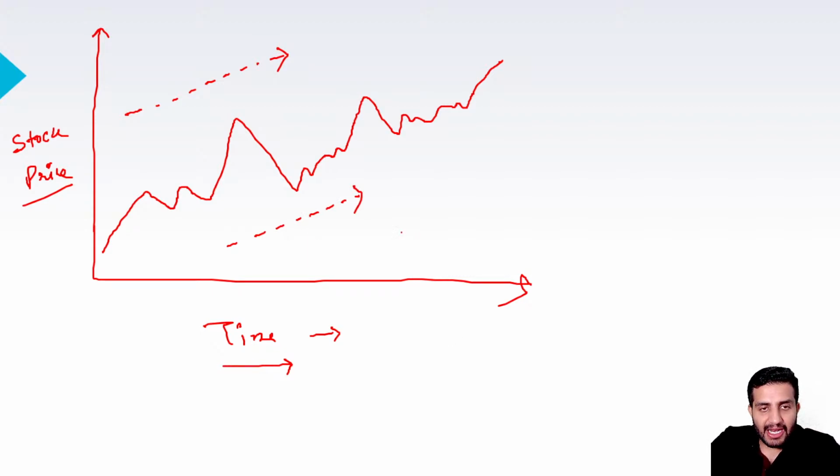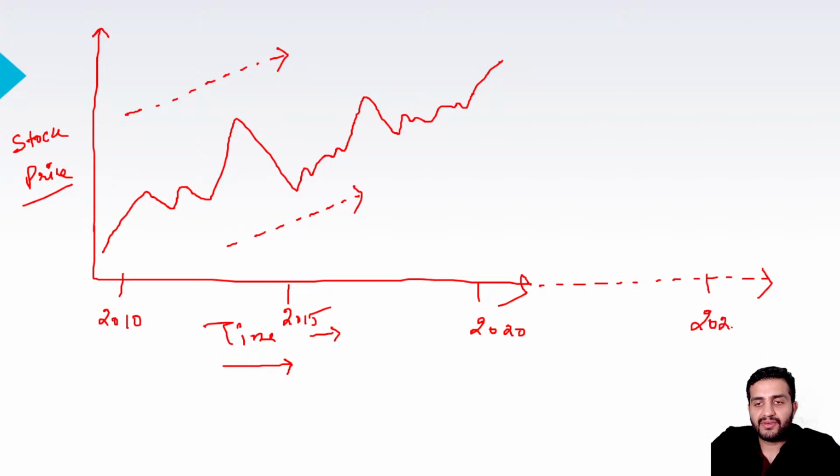Correct? So, with the help of this information, I can say the stock price. Suppose this is for 2010, 2015, 2020. So probably if I extend this further to 2025, I might see this stock going somewhere here.